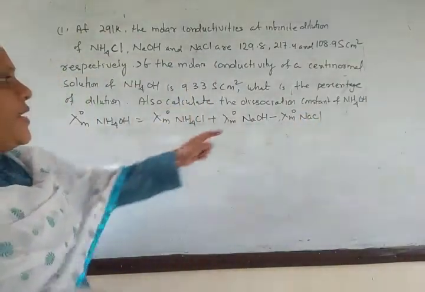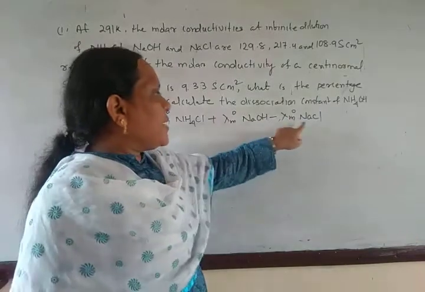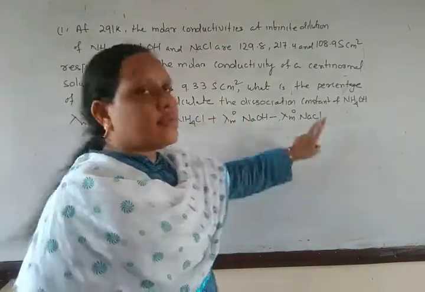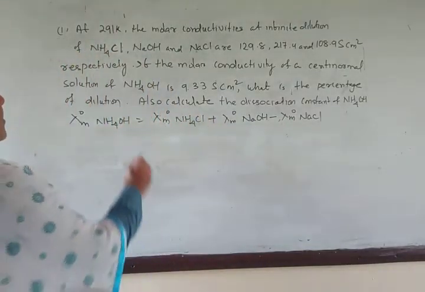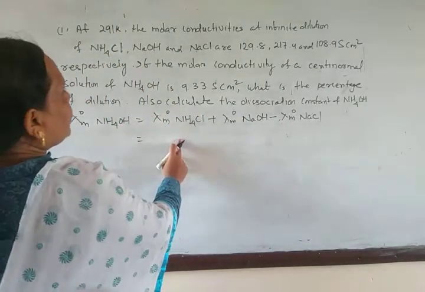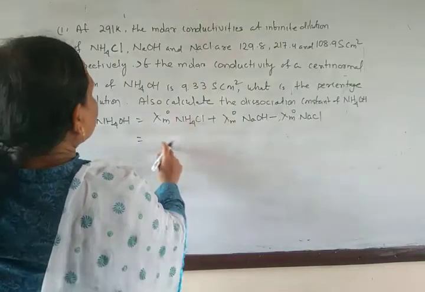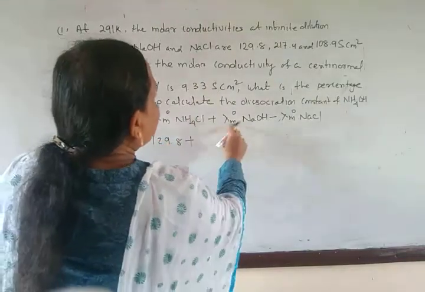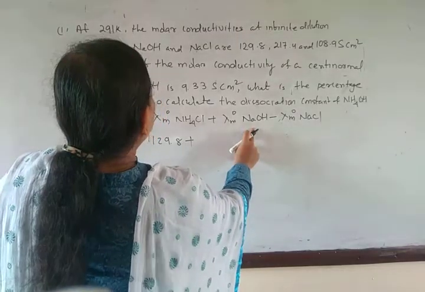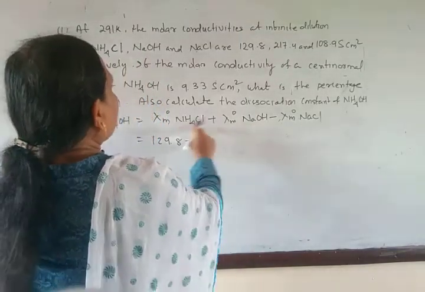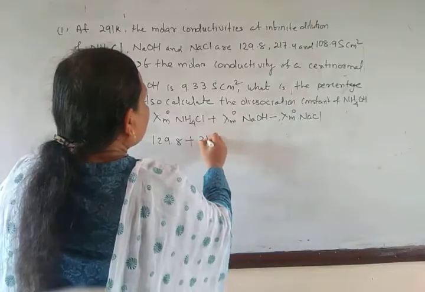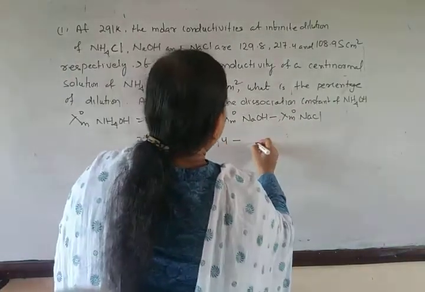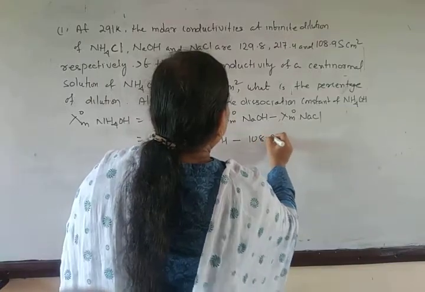So the Na+ and Cl- cancel out. That is 129.8 plus 217.4 minus lambda m naught of NaCl, 108.9.